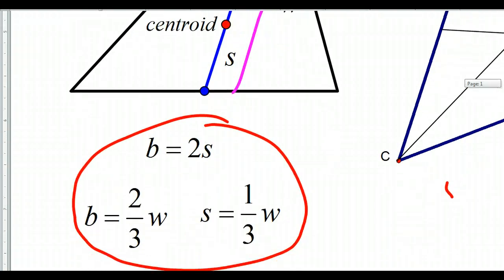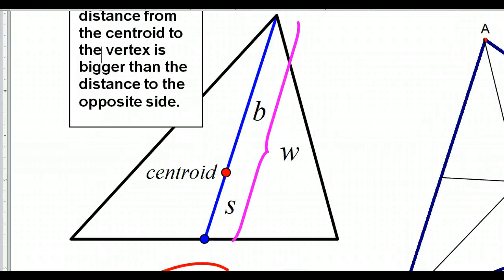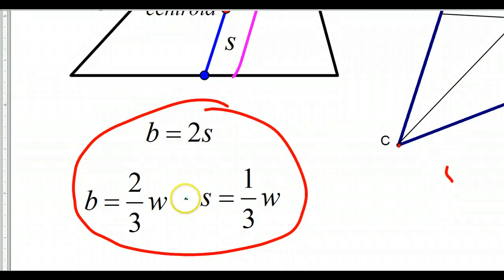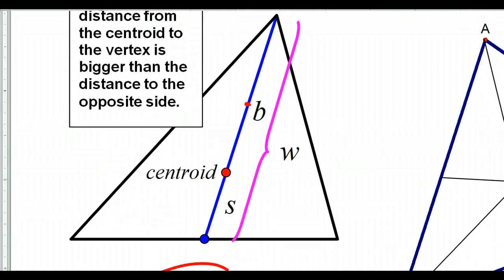But that implies two other things. Remember how I kept breaking this up into three pieces like this? That means if I want to talk about how the big piece and the small piece compare with the whole thing, remember, the whole thing is this W shown here in pink.